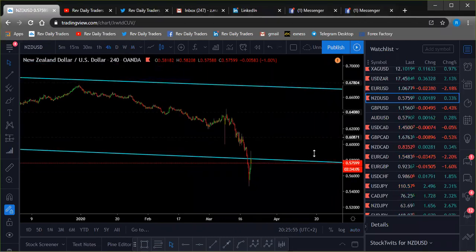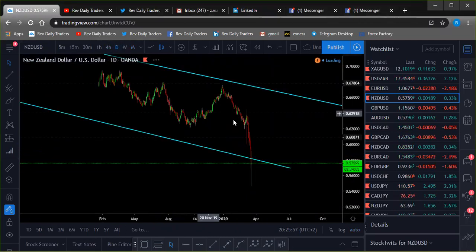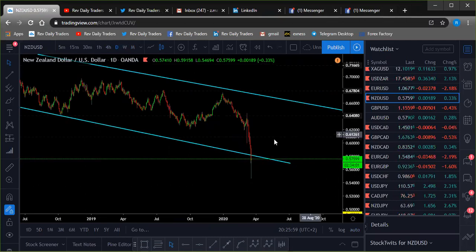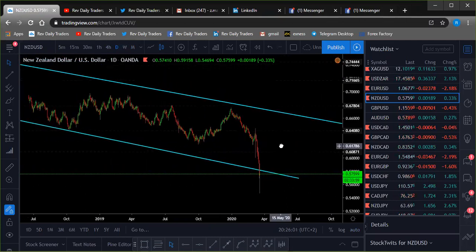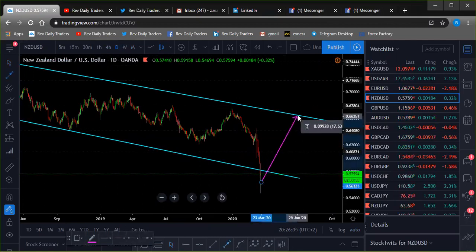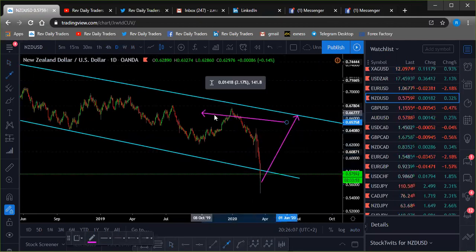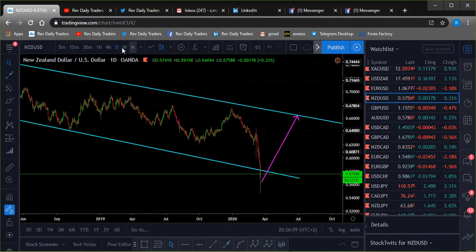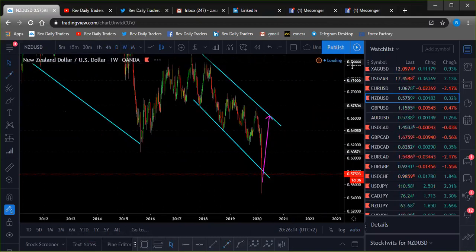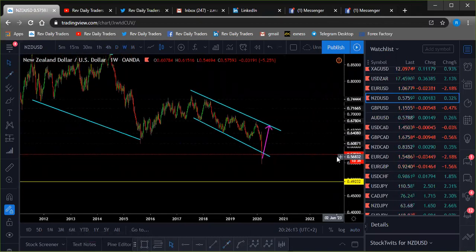As I was saying, on NZD USD, we're looking for buys. We're looking to buy this pair in the coming weeks.